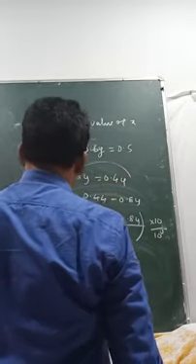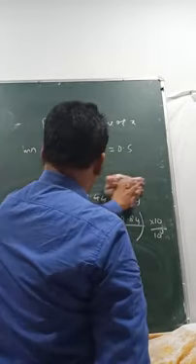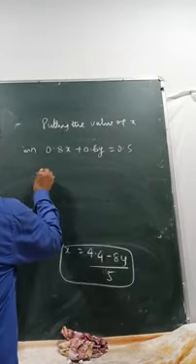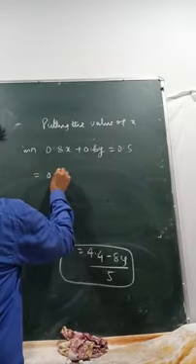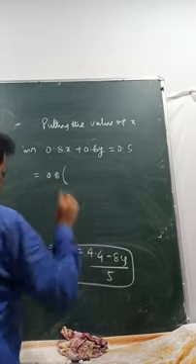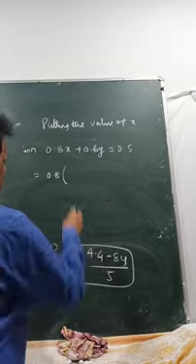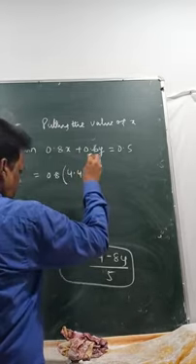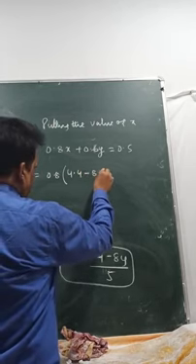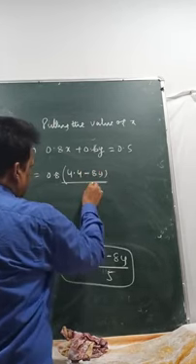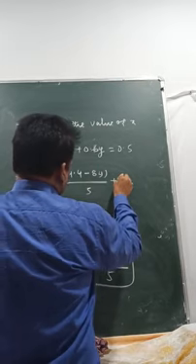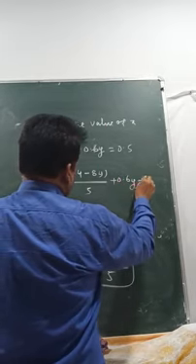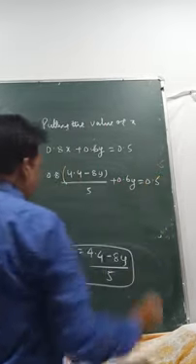So how much you'll get? 0.8 into x is 0.8 into (4.4 minus 8y) by 5 plus 0.6y equals to 0.5.